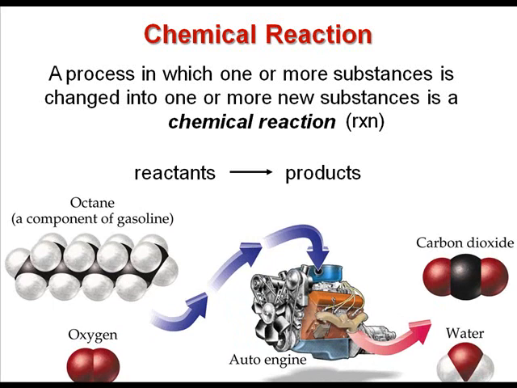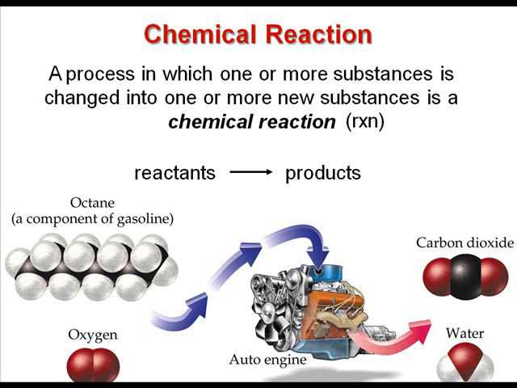Now, we saw the dragster on the other slide with the flames coming out the pipes. That's a chemical reaction. We have octane fuel and oxygen, those are the reactants, entering the engine, and the resulting products are carbon dioxide and water.